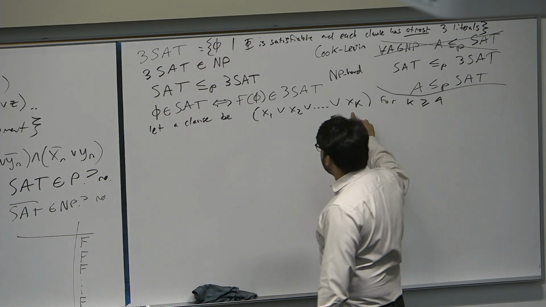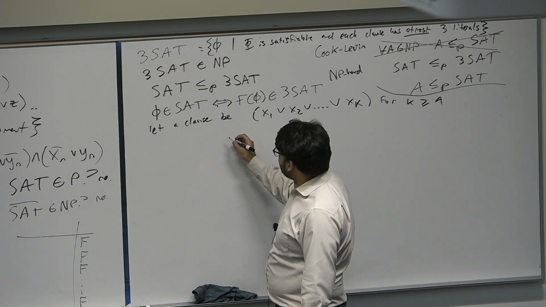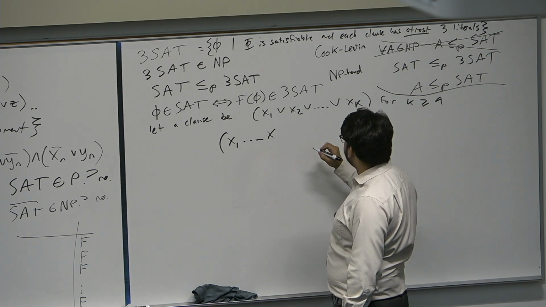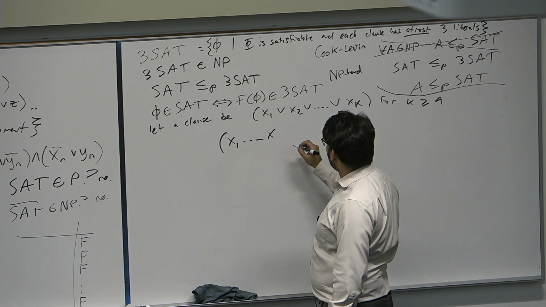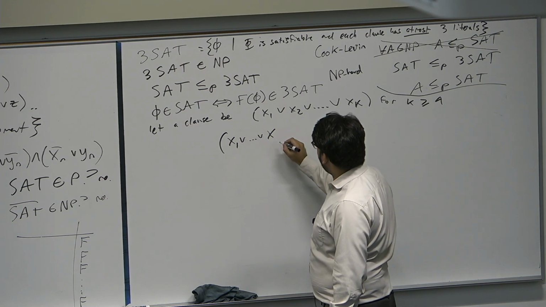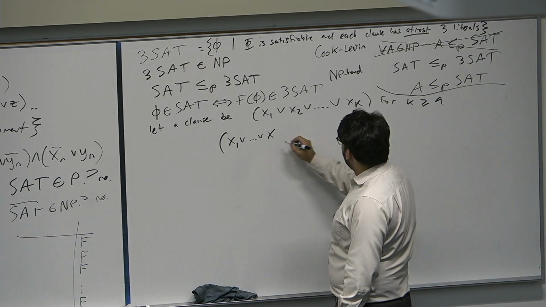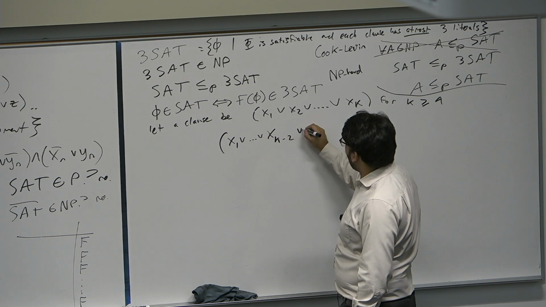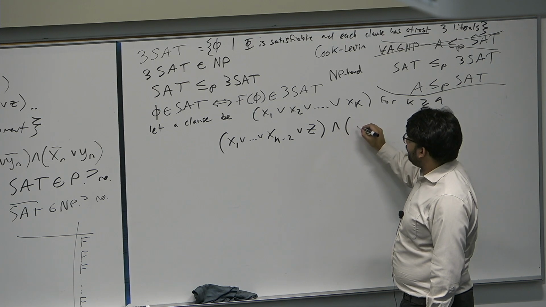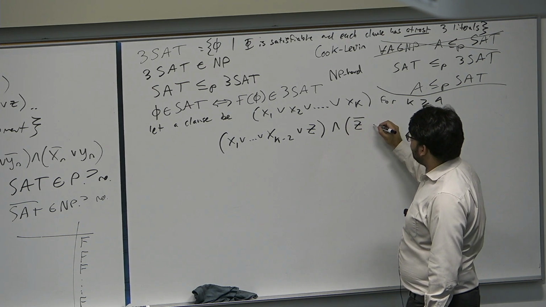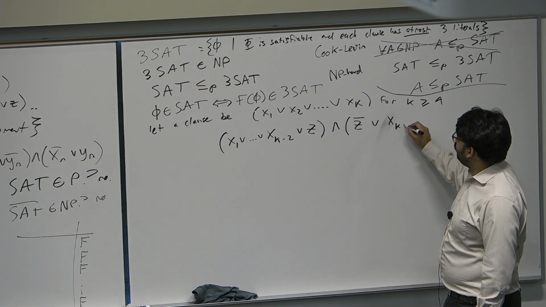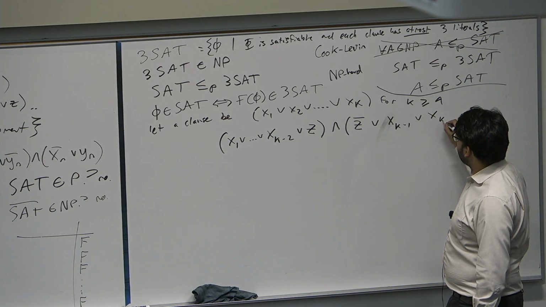So here's what we're going to do. If this is our clause in phi, we will construct clauses of the form x1 to x, double check, k minus 2, or we add in a dummy variable z, and we break that with a dummy variable z naught, or z k minus 1, or zk.